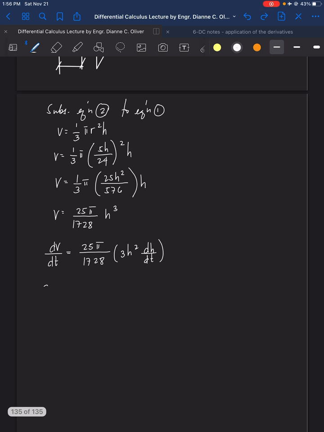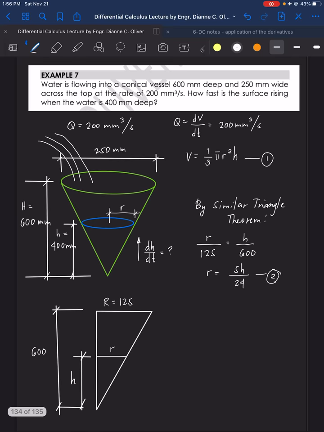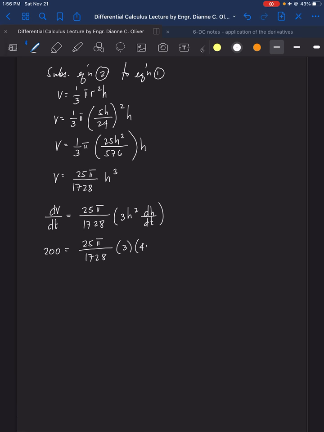So let's put here 200 equals 25 pi over 1728 times 3. What is h? The value of h here is 400 mm. See, after we just differentiated, that's the only time we substituted the value of h in the equation.